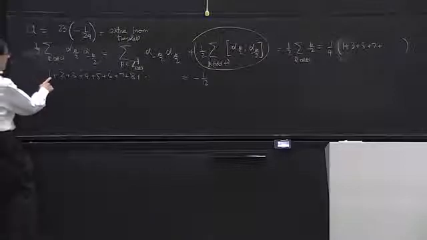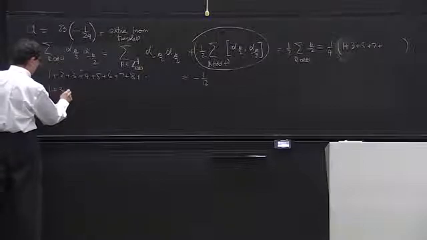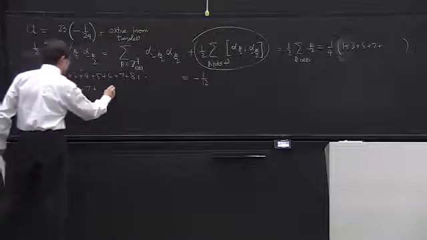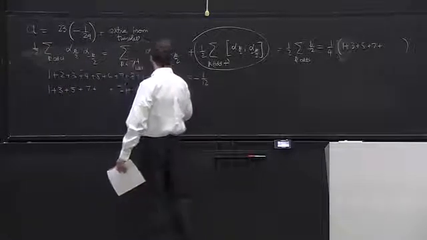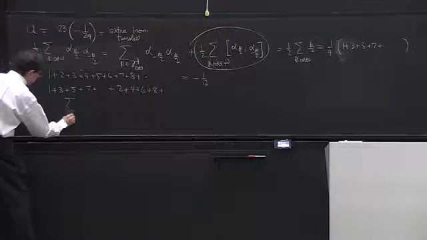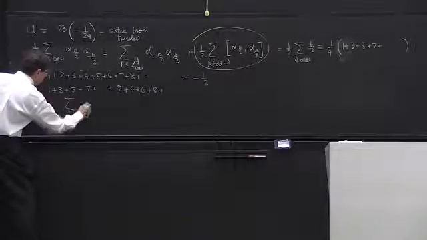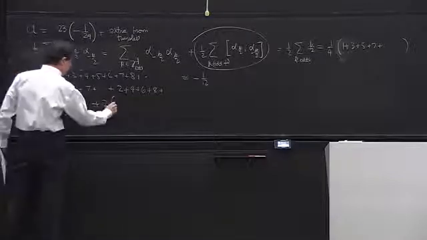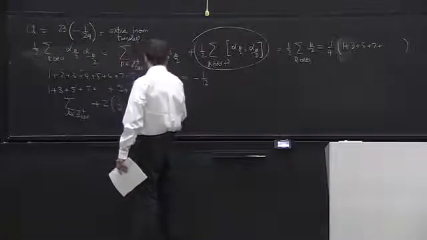Then, if I do the following, this is 1 plus 3 plus 5 plus, take the odd ones, plus 2 plus 4 plus 6 plus 8 plus, which is the sum over k belonging to Z, odd and positive, plus twice the sum of all integers, which is minus 1/12, is equal to minus 1/12.